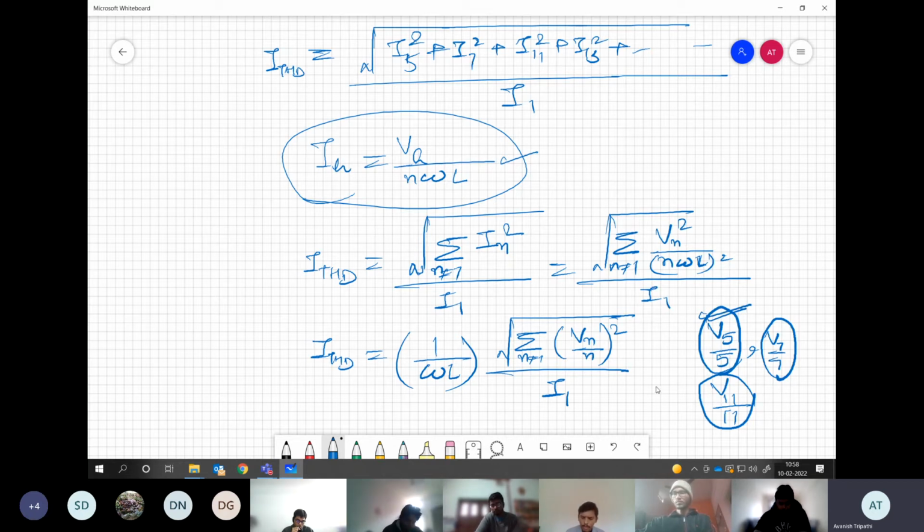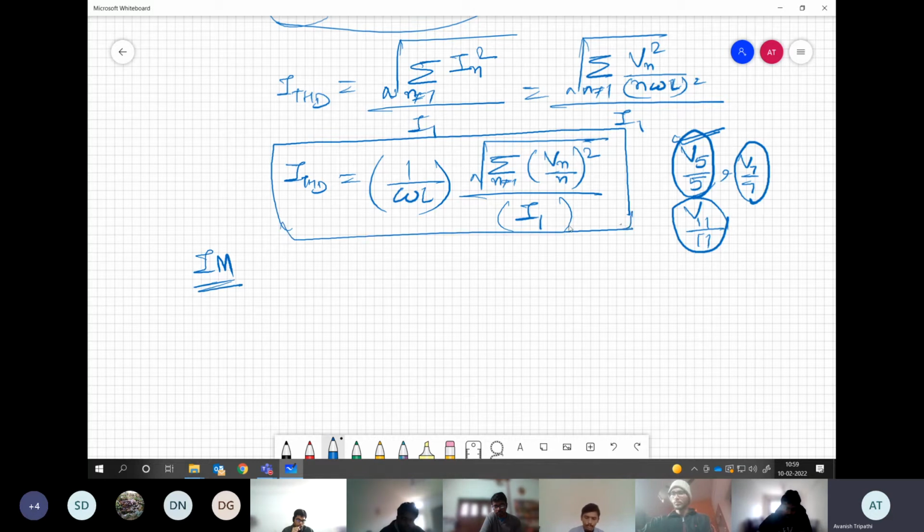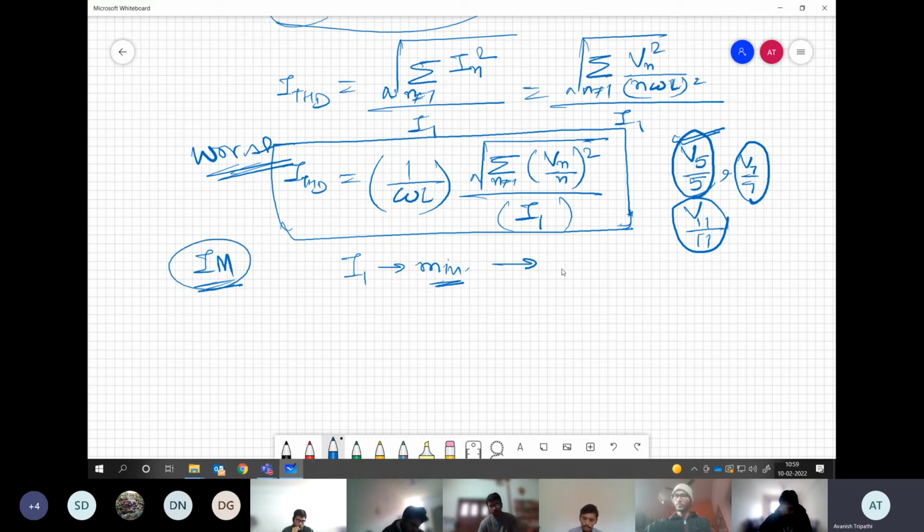Now still this equation has the fundamental current coming over here. So if I talk from the induction motor perspective, if you can find the worst ITHD, then any other value will be better than that, right? And worst ITHD value means when I1 is minimum, which means when the induction motor is operating at no load.